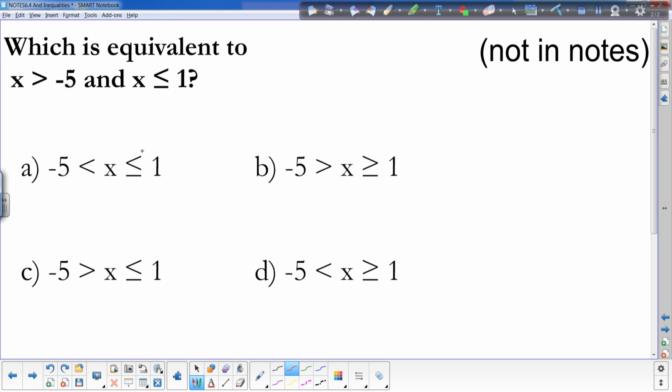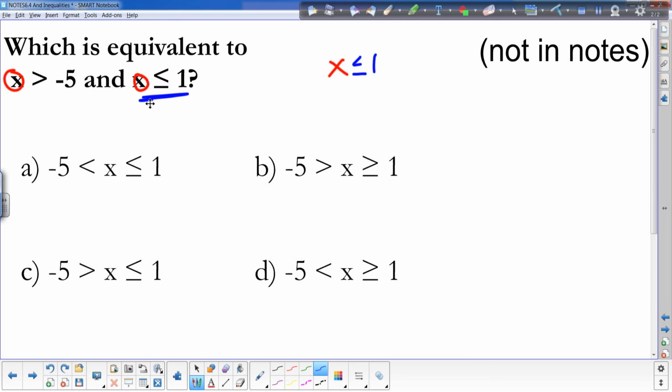Again, not in your notes, but we just want to think about it. This says x is greater than -5 and x is less than 1. Well, you could graph that if you'd like. That's one method. Another method is just to say, okay, well, they both have x, right? So we're going to put x in the middle. And then we're going to say this x, we know, is less than or equal to 1.